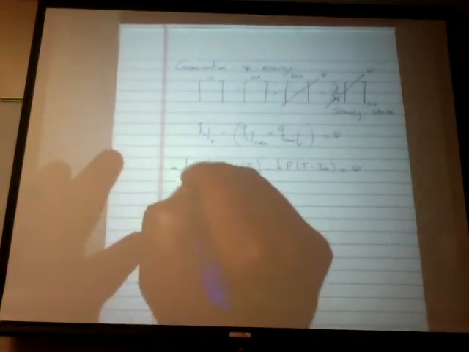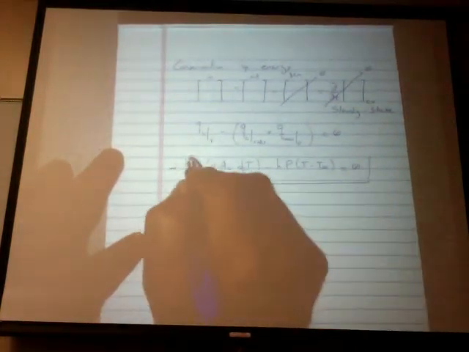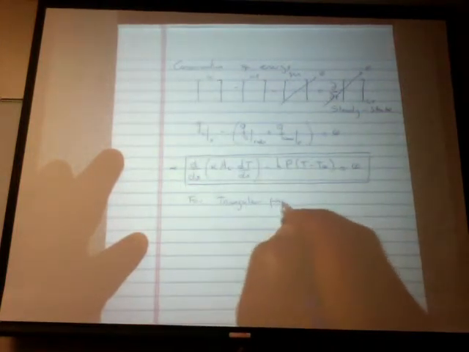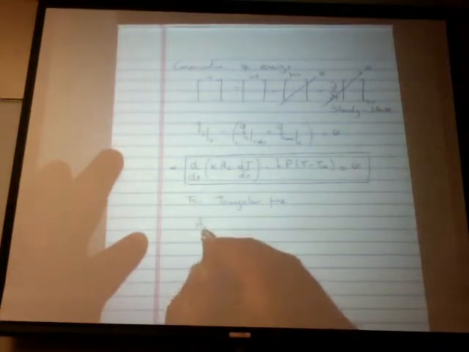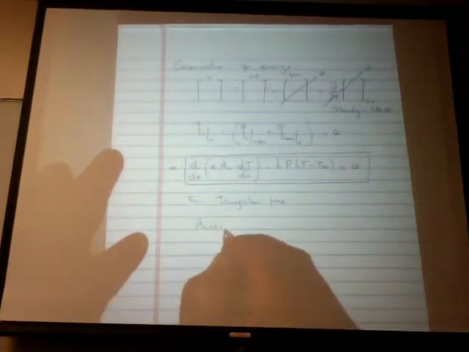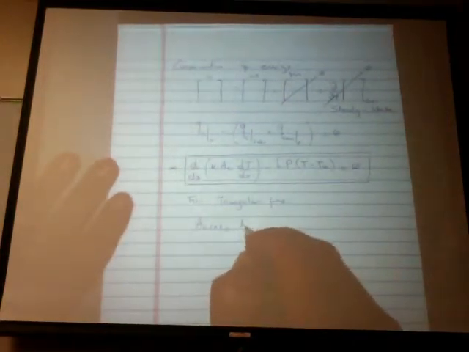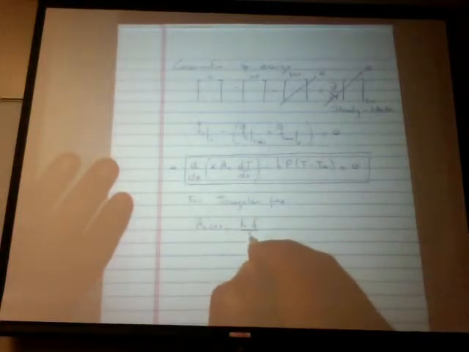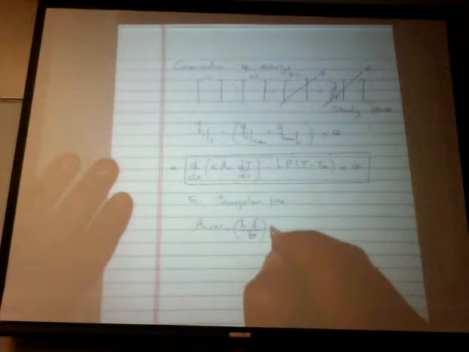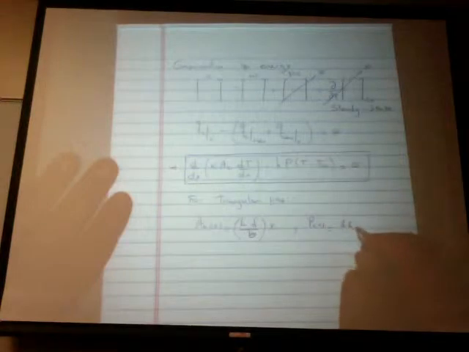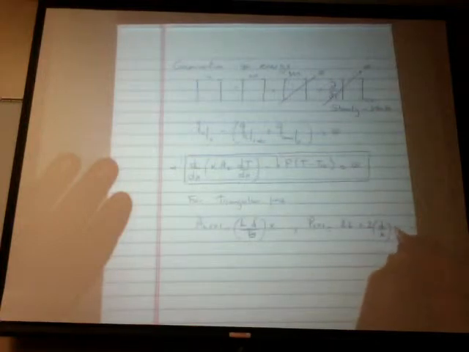Such that, let me frame this one, triangular fins, the cross-section area as a function of x, notice that the cross-section area changes, and we're just going to do a little drawing here, is L times delta divided by B times x, while the perimeter as a function of x is equal to 2L plus 2 delta over B times x.